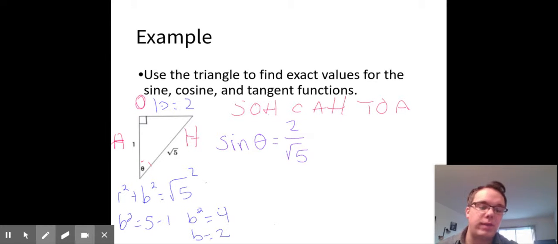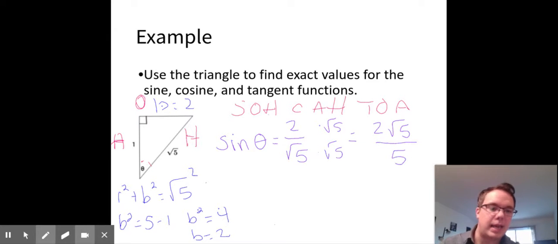And how we got rid of that is we multiplied by that radical, because if I take the square root of anything and multiply it by itself, that is essentially squaring it, getting rid of the radical. So I'm going to multiply by the square root of 5 on both top and bottom, so that I'm multiplying by the number 1. And if I do that, I'm going to get 2 square roots of 5 over 5.